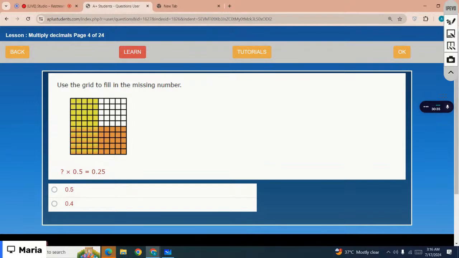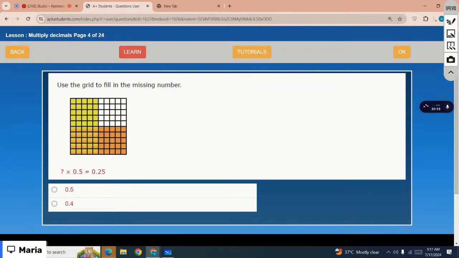Use the grid to fill in the missing number. So which number is missing? The correct option is, yes, 0.5.